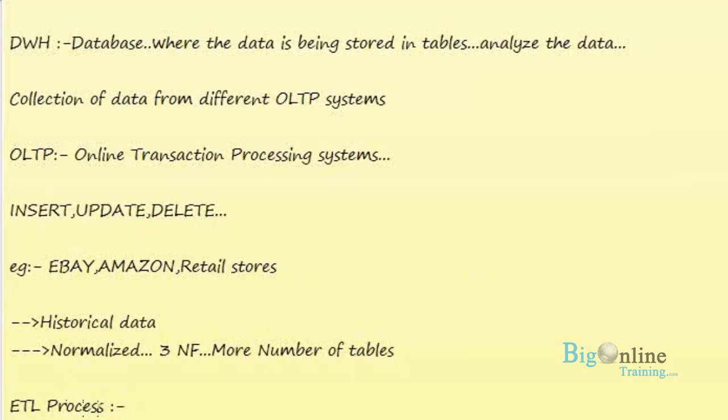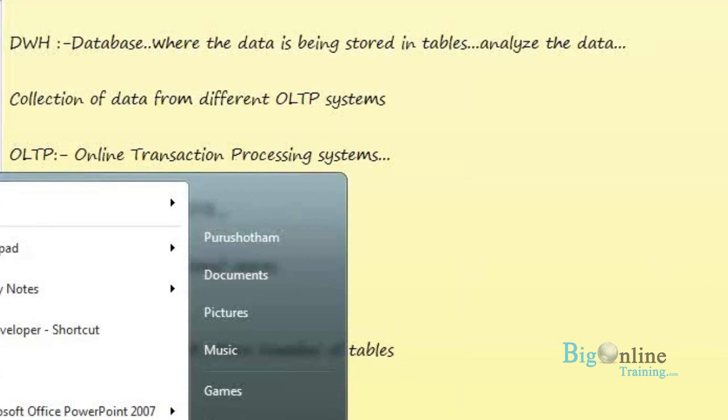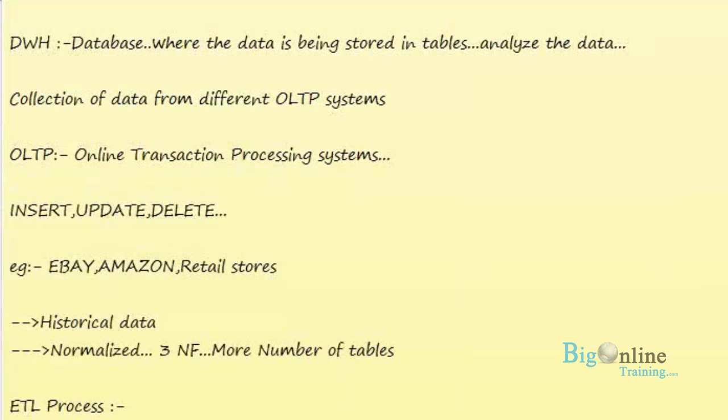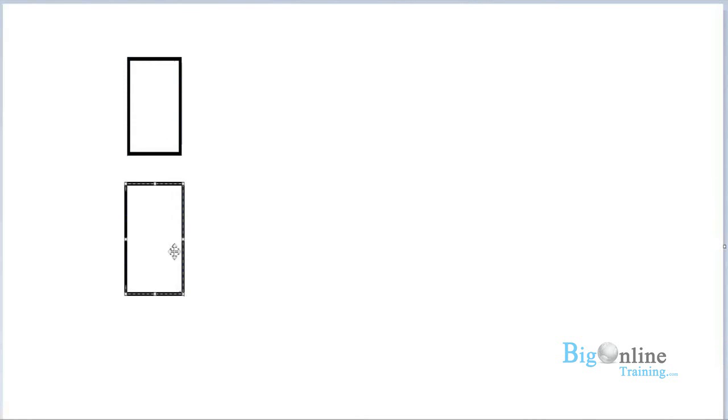Let me give you a simple paint diagram of what the data warehousing architecture looks like, what the role of an ETL tester is, and what kind of testing we are going to do. Let's say we have different OLTP systems developed in different applications.